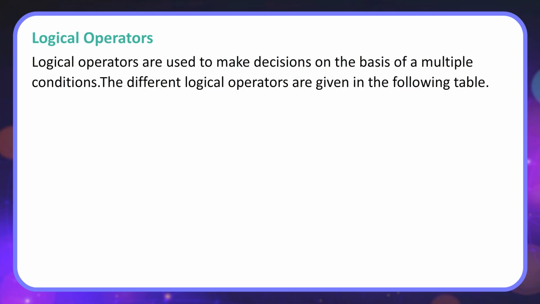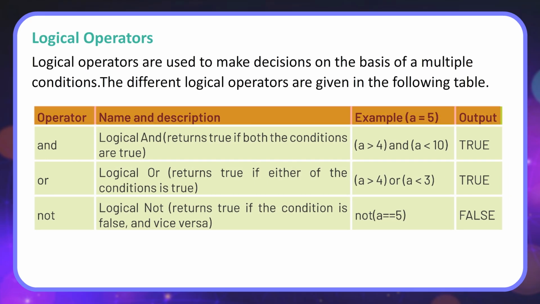Logical operators. Logical operators are used to make decisions on the basis of multiple conditions. The different logical operators are given in the following table. Operator, name and description, example, where A equals 5. And, logical AND, returns true if both the conditions are true: A greater than 4 and A less than 10, true.